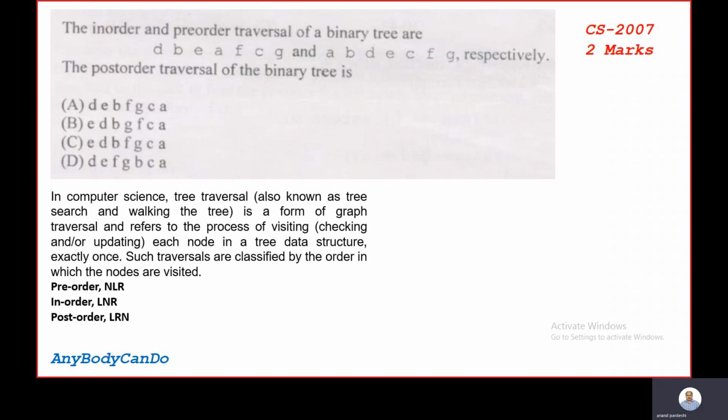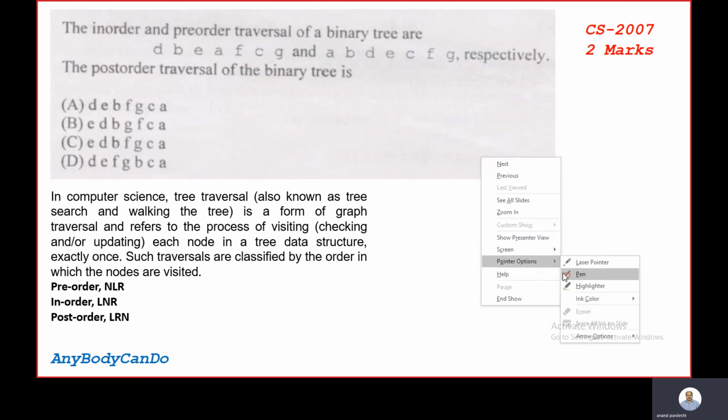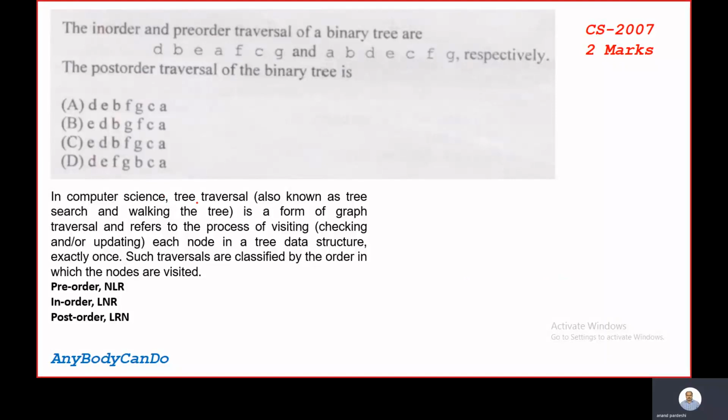So before going to solve this question, we should know the definition. In computer science, tree traversal is a form of graph traversal and refers to the process of visiting each node in a tree data structure exactly once.